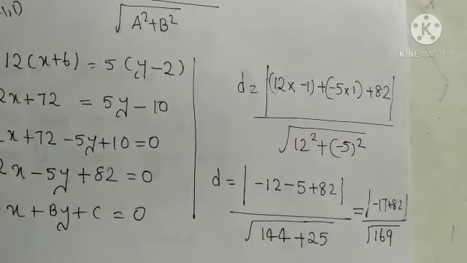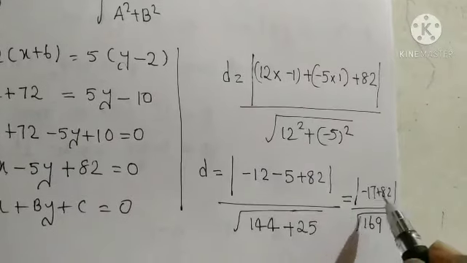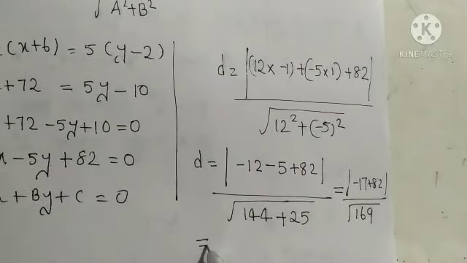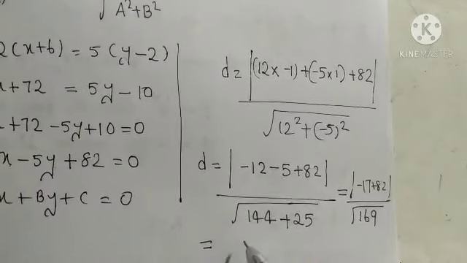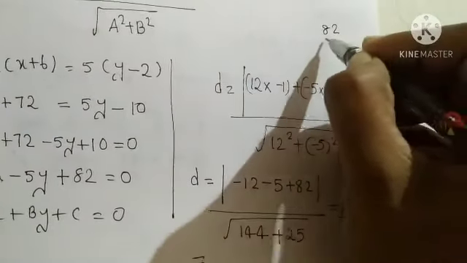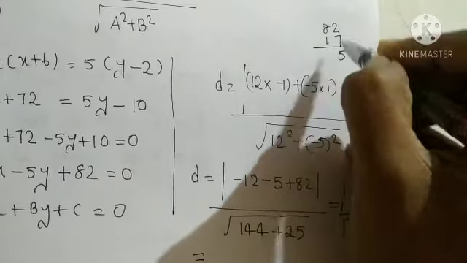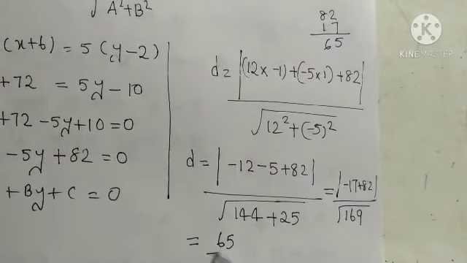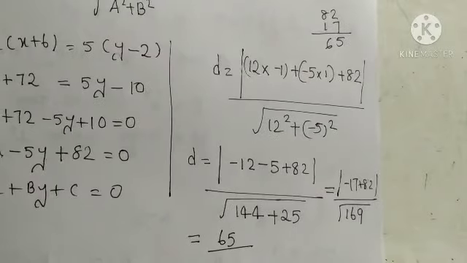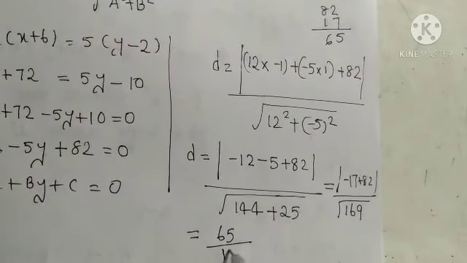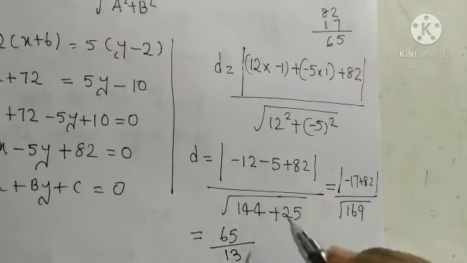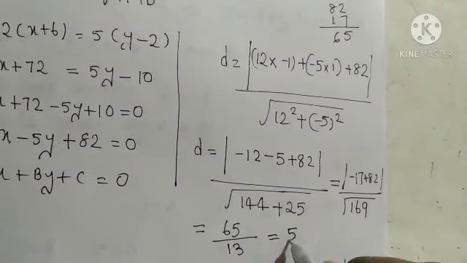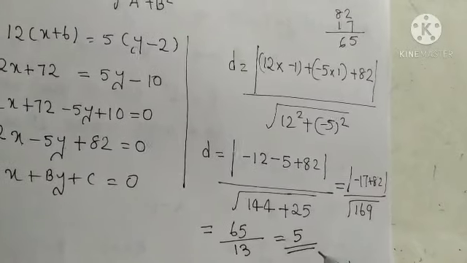Okay, and this will be minus 17 plus 82 will become 65 divided by root 169 is 13. So 13 into 5 is 65, right? So we get the value of distance is 5. Okay.